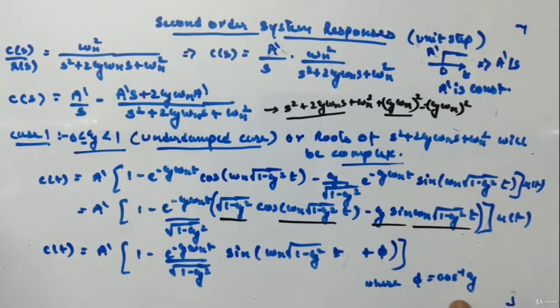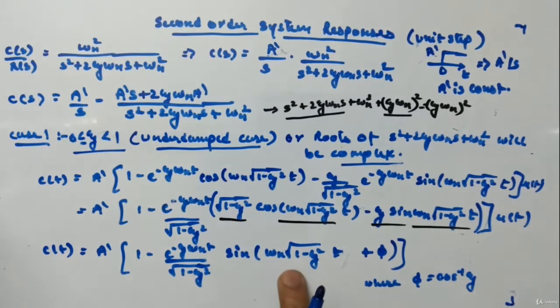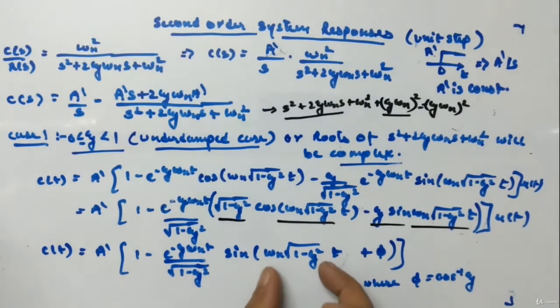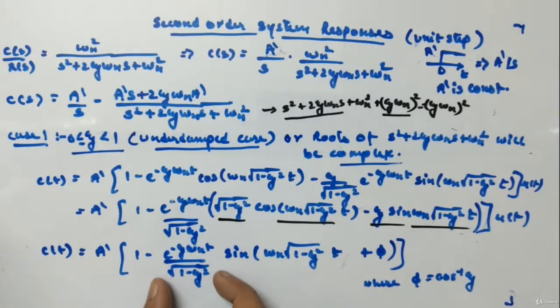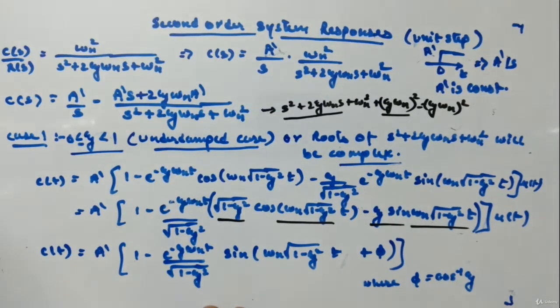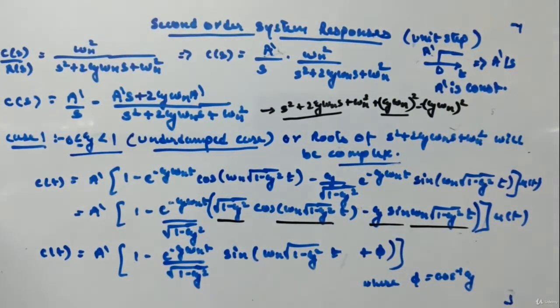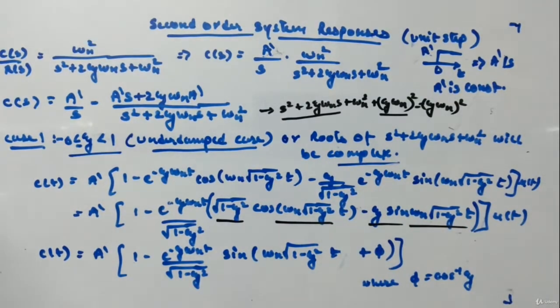By the phase you can calculate zeta, and by the coefficient of this sine, that is omega n t, omega n under root 1 minus zeta square, you can calculate this part. You can see zeta, omega n, under root 1 minus zeta square, all these things. Okay, so this helps a lot. You should memorize this. I just wanted to give the derivation so that you know how it comes.